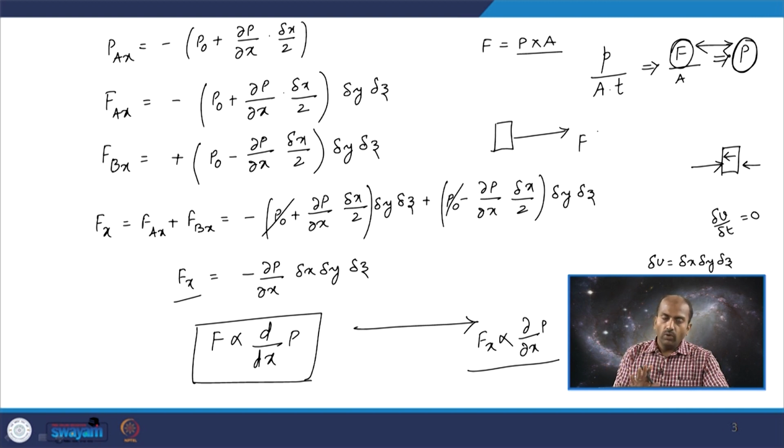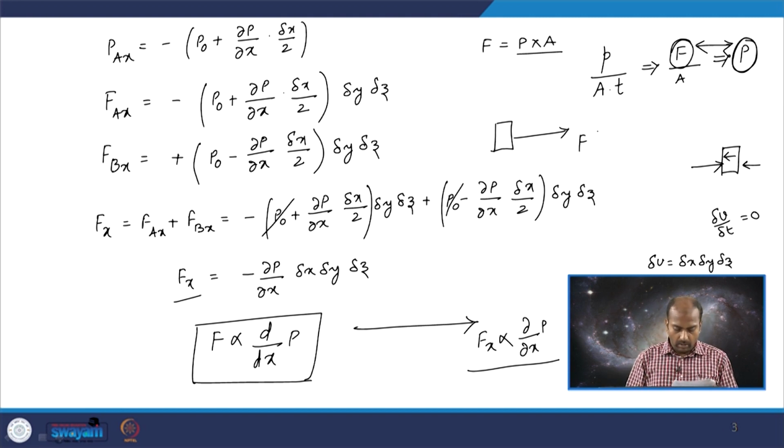This force is not proportional to how high or how low the pressure is. Rather, how much force pushes the air parcel and how much velocity it gives depends on how high the pressure is in comparison to the low pressure. So, the force depends on the change of pressure with respect to the x-axis, but not the absolute magnitude of the pressure along the x-axis.